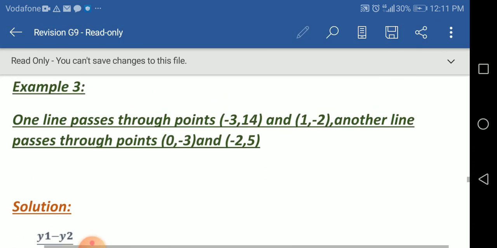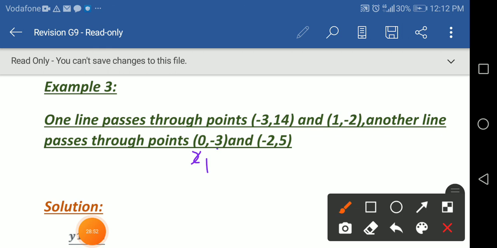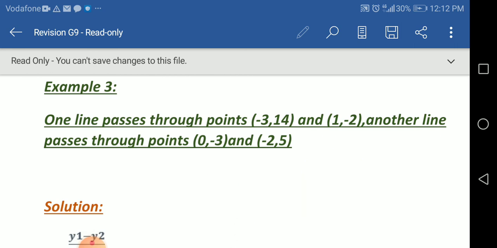I have for the second line x sub 1, y sub 1, x sub 2, y sub 2. Let's clear and do it again.